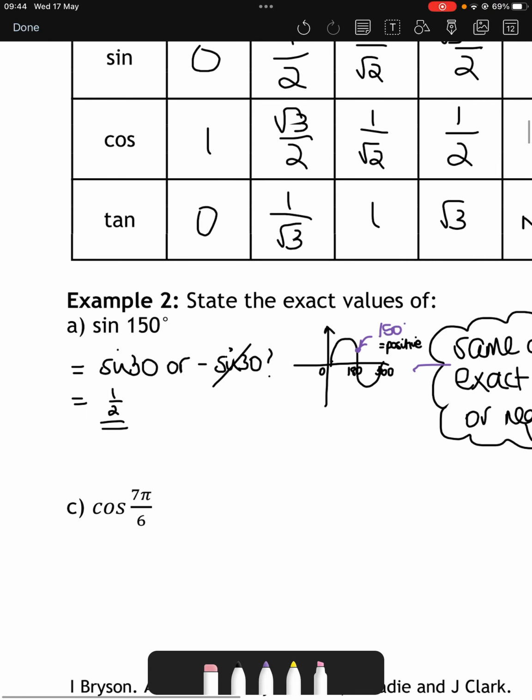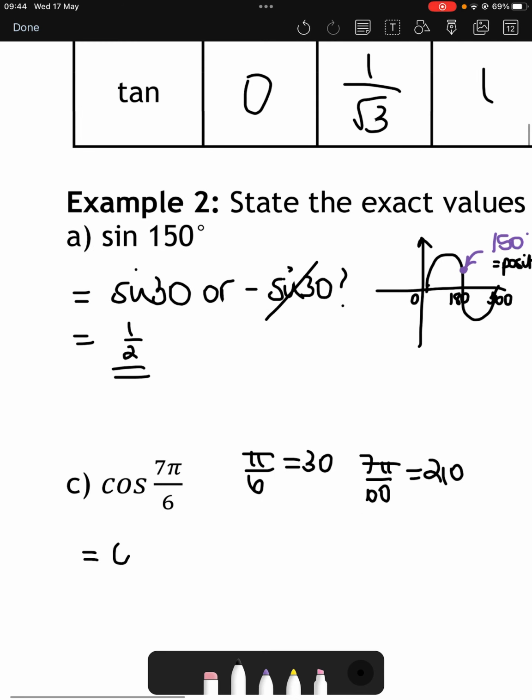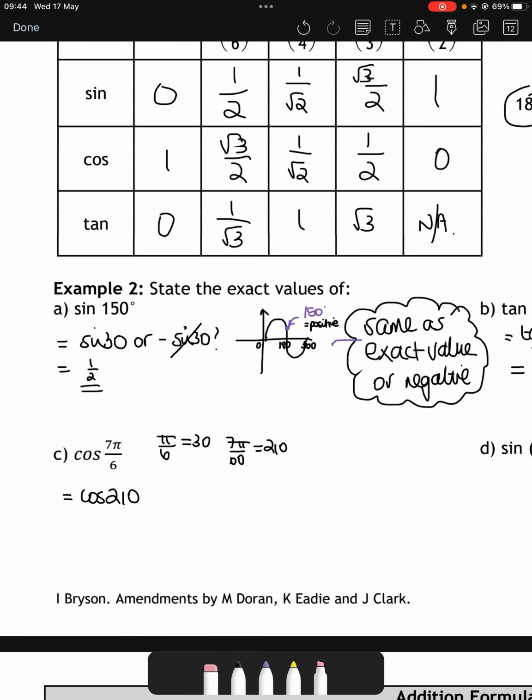Okay, cos of 7 pi over 6. Now, for me, I think it's always easier to change into degrees. So 7 pi over 6, well, pi over 6 is 30. So 7 pi over 6 must be 7 times that, which is 210. Okay, so we're going to change that first. So cos of 210. We again are trying to figure out what is the exact value we would use to get this.